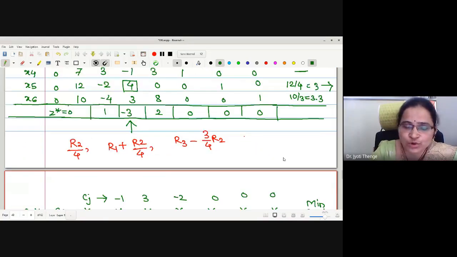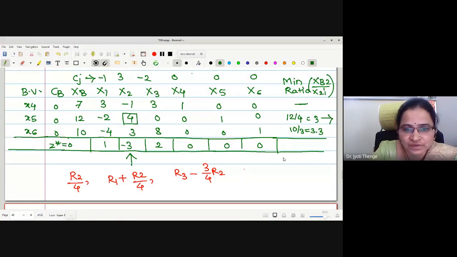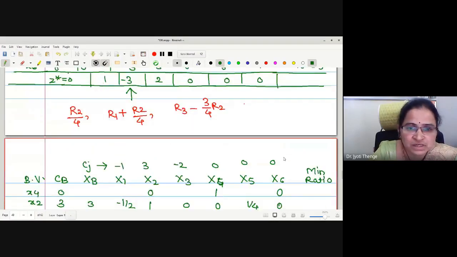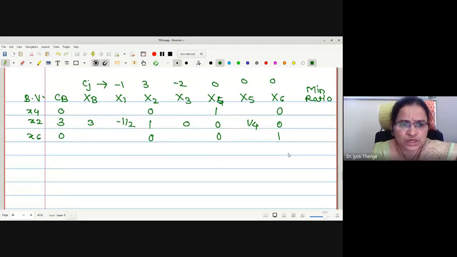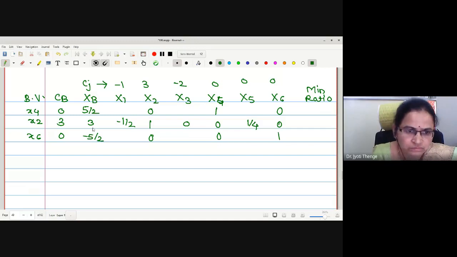As here I have to scroll the page, it's more difficult for me to do the calculations. But in your page, it is going to be on the same page, I think, right? So you just do it here. I will just write the entries directly. Sorry, I'm just writing the entries directly.